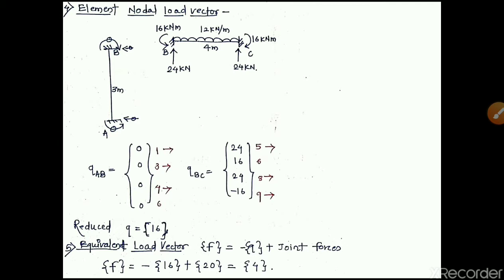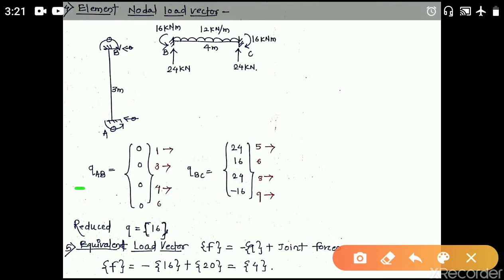Now once you complete these two figures, write down the element nodal load vectors Q AB and Q BC for both members separately. First, for member AB, from the previous step of the stiffness matrices, neglecting axial deformation, the degrees of freedom for AB are only 1, 3, 4, 6. 1 is translation, 3 is rotation, 4 is translation, 6 is rotation.